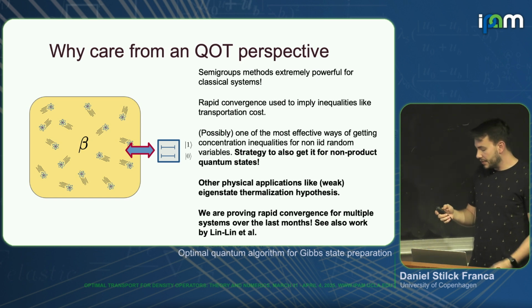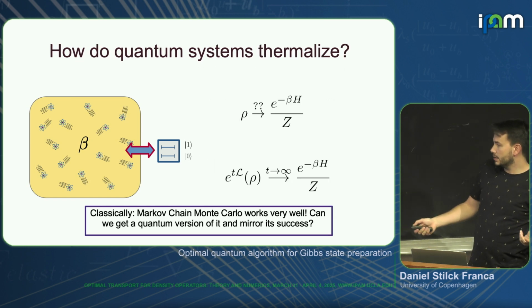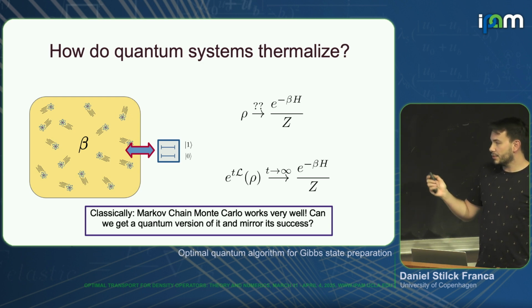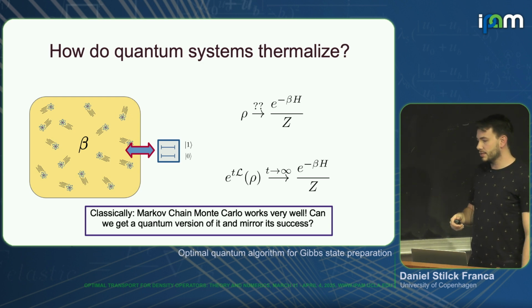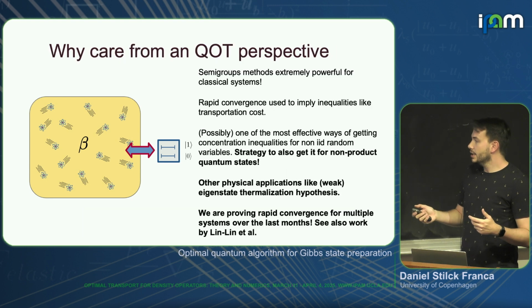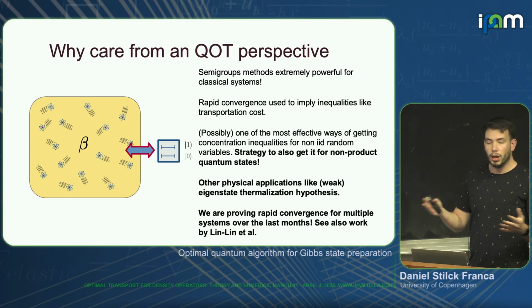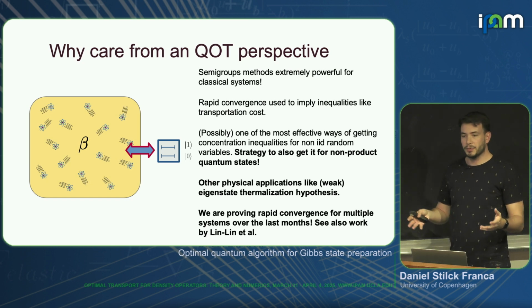Having a semigroup that allows you to converge to a certain distribution, and if you're able to quantify this convergence, you often get very nice inequalities related to optimal transport from that.